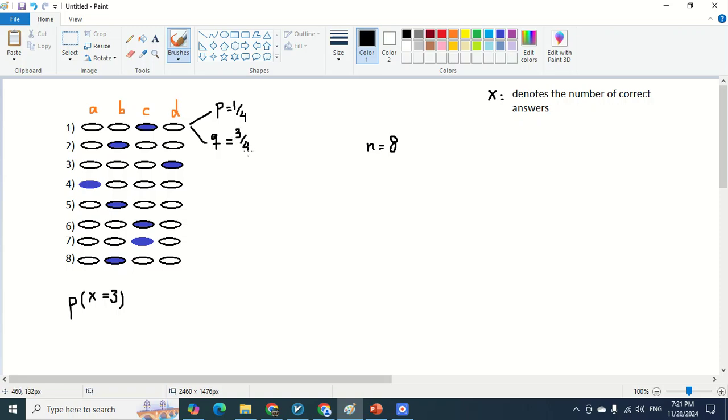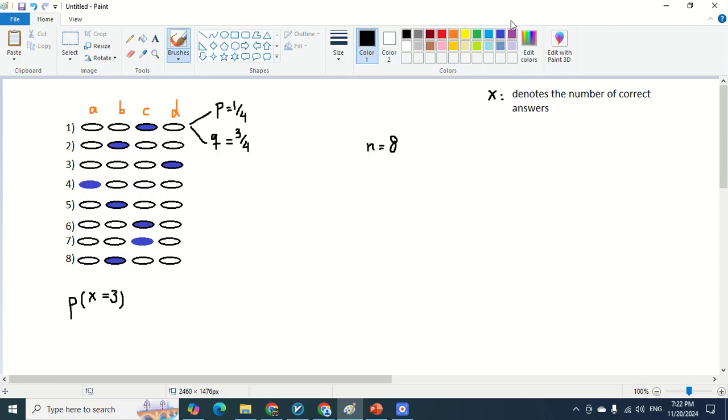That means for question 1 this probability is 1 over 4, for question 2 it is 1 over 4, and so on. It does not change, it's invariant. In all of these experiments, the probability of success, or answering the question correctly, is 1 over 4. The probability of failure, or answering the question wrong, is 3 over 4, and it's constant for all cases from 1 up to 8.